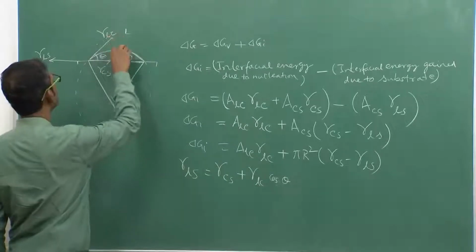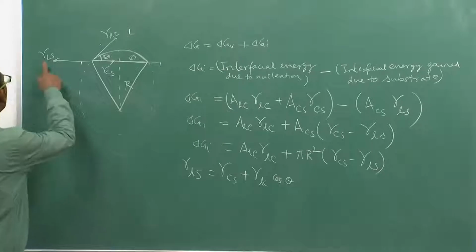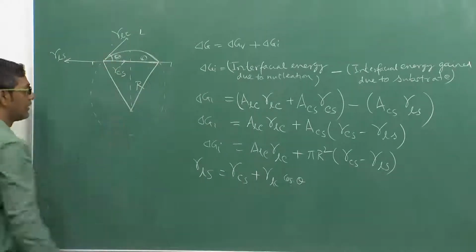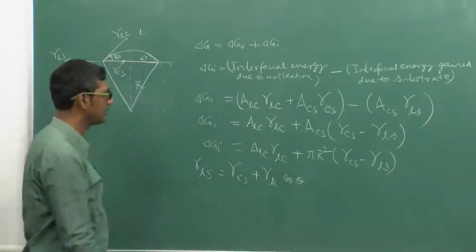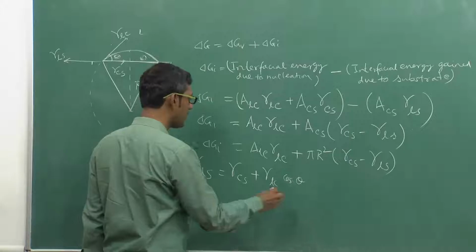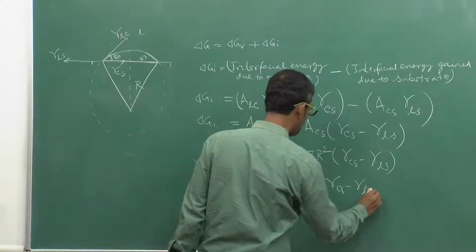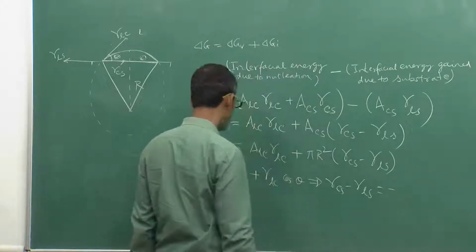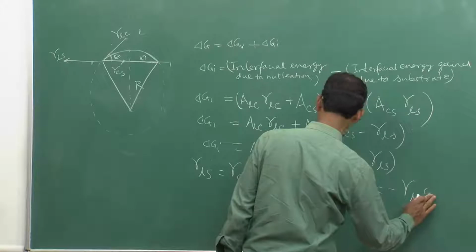You can see the cos component of this plus this one will be equal to gamma_LS at this point. Now I can use this expression to convert these terms. So gamma_CS minus gamma_LS is nothing but minus gamma_LC cos theta.